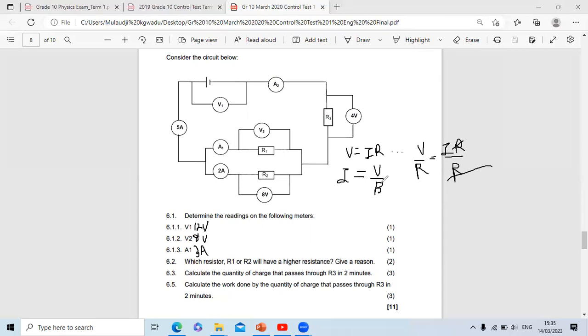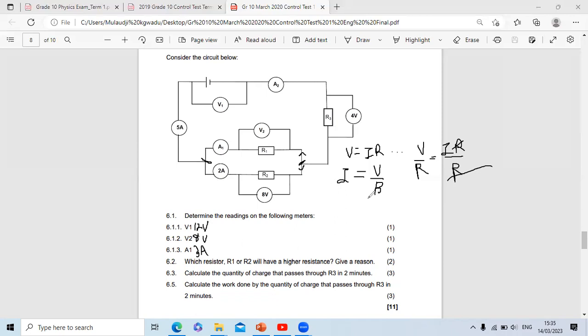Then if you look at this, we're talking about the current passing through these two points, because that's where our resistors are connected. So we're going to talk about the current going up and the current going down.